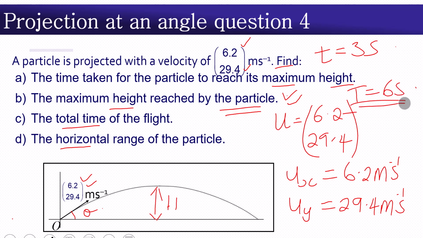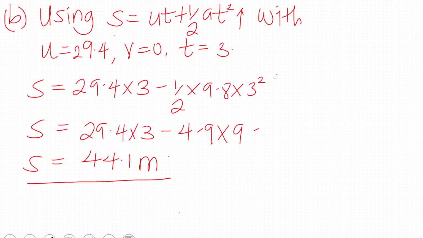So that one we don't need to suffer with. The next thing I'm going to calculate is the horizontal range. For part D, for horizontal range we are using information for the x direction.